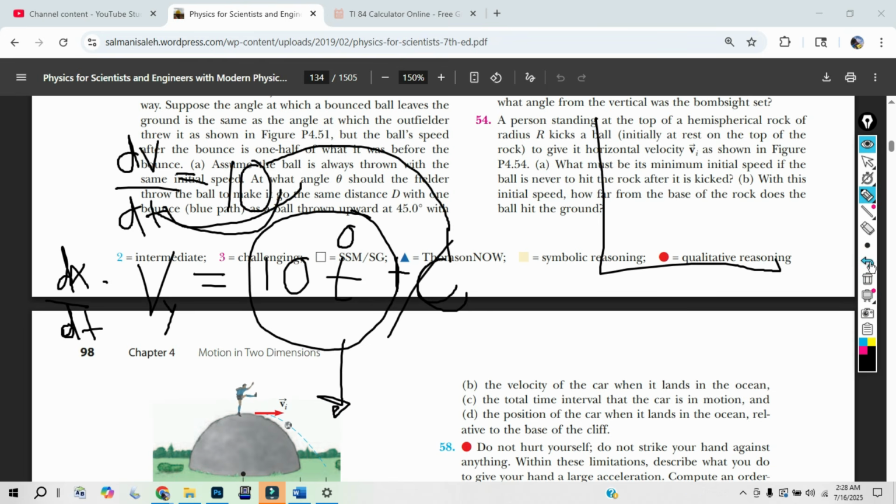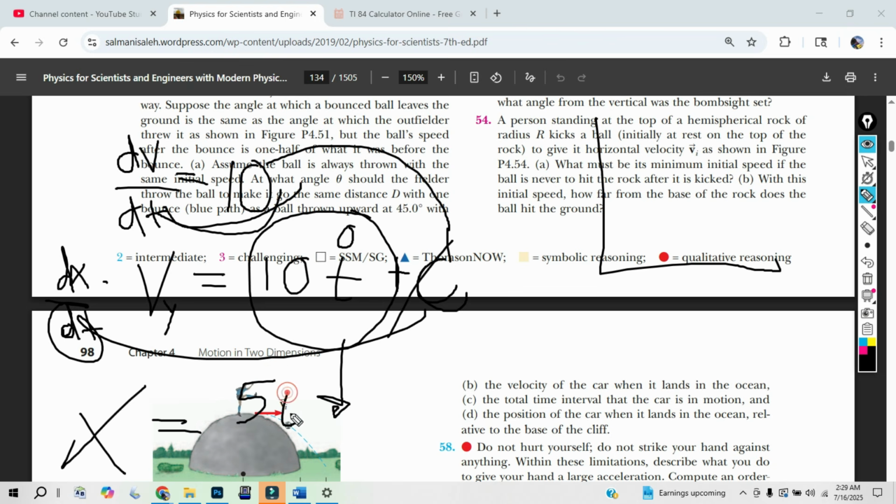All right. So, cool. And then we separate variables again and integrate and we get position. We integrate with respect to t, so this becomes t squared divided by 2, and so we get 5t squared.